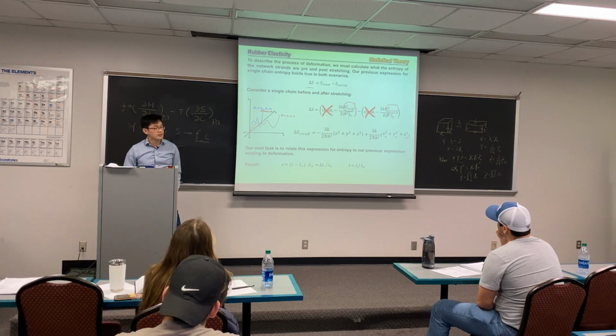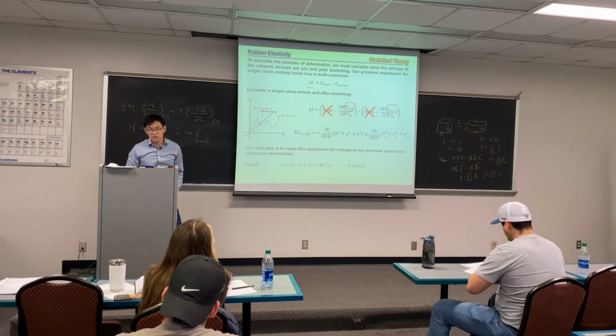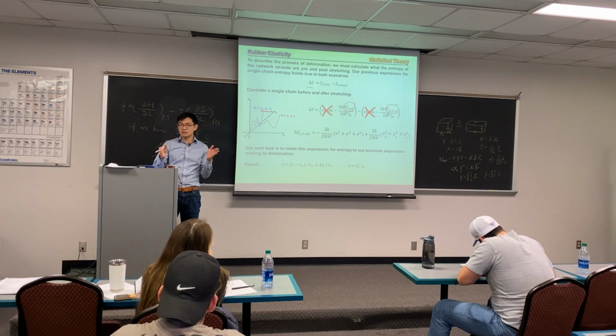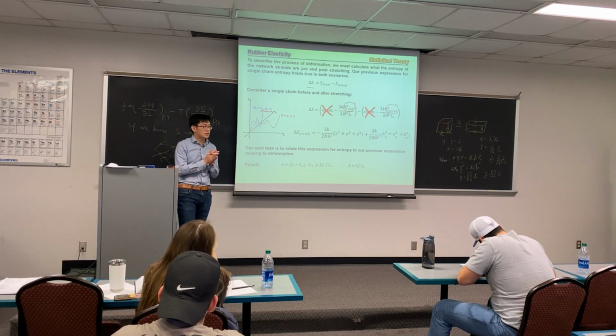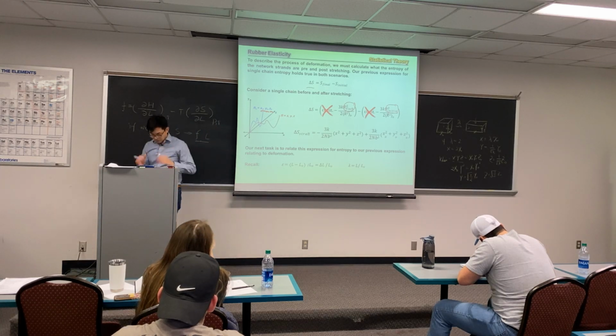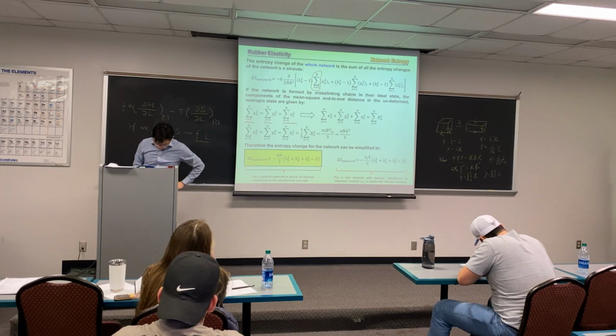Why? Because this is isotropic, so the end-to-end distance will be uniformly distributed around the x, y, z directions. If x0 is longer, that means your Gaussian coil is already elongated in one direction. If it's not elongated, it should be equally possible.